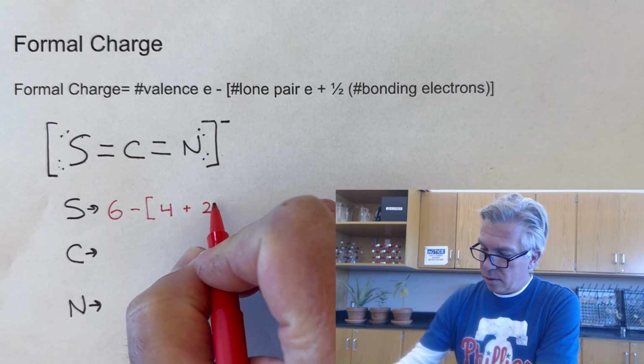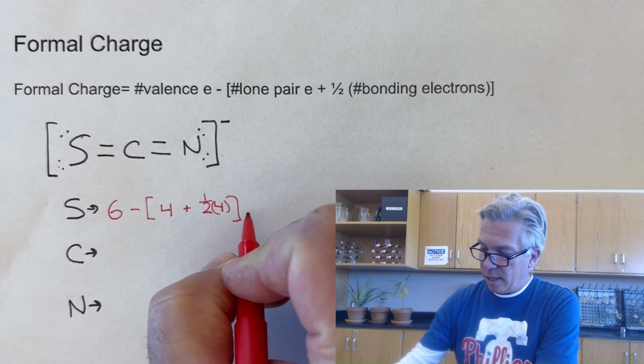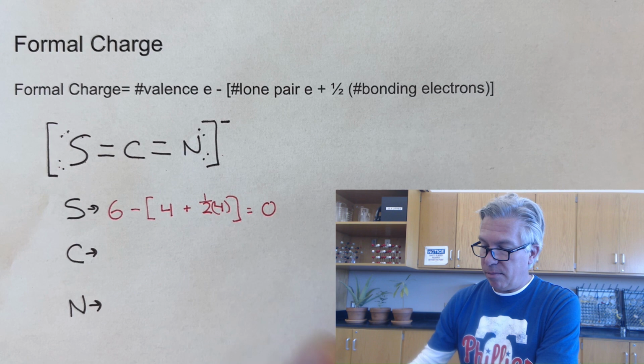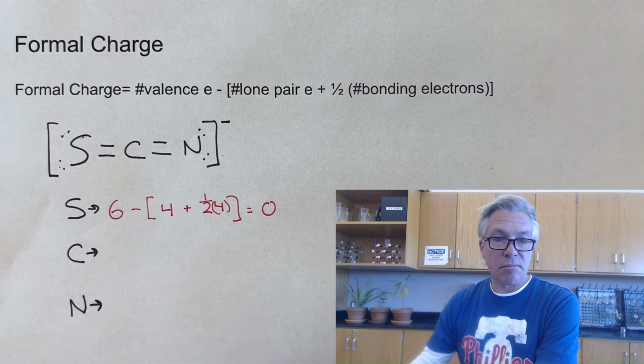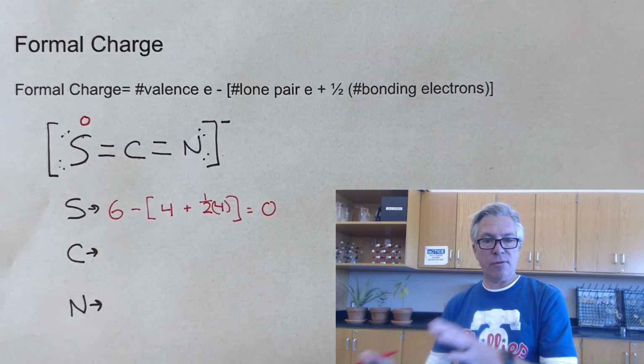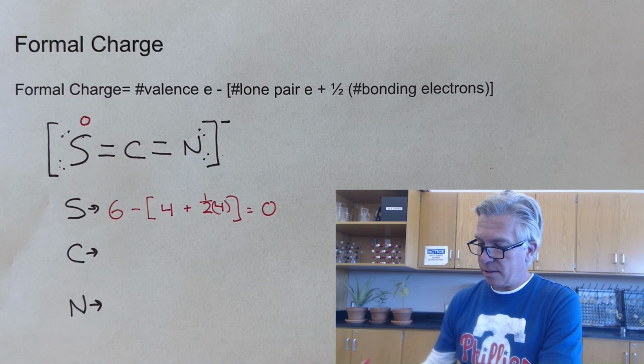So I'll do 1/2 of 4, so it's a little more clear where it comes from. We get a formal charge of 0 because 6 minus 4 plus 2 is 0. So sulfur has no charge in this molecule. It's just hanging out with its 6 valence electrons.